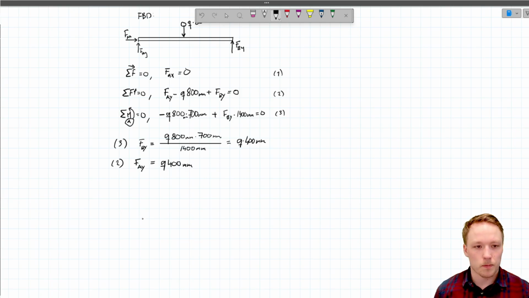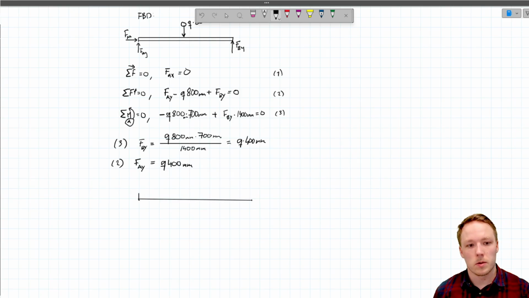Okay, so let's draw the free body diagram here, but this time we know the forces, or the support reactions, so let's draw them all here like this one here. Now you remember that at this stage we can no longer combine the distributed loading as one load. Instead we must have it drawn separately here.